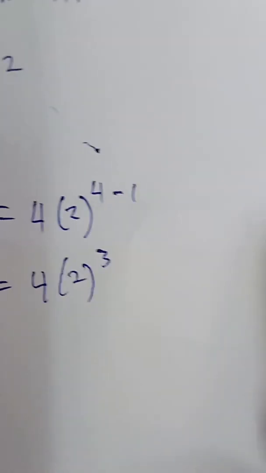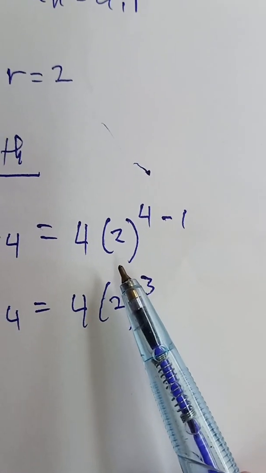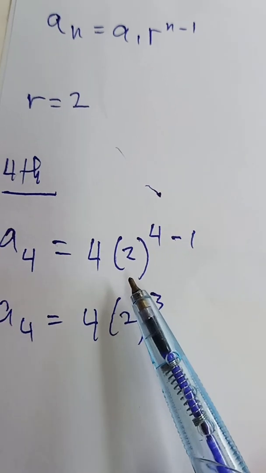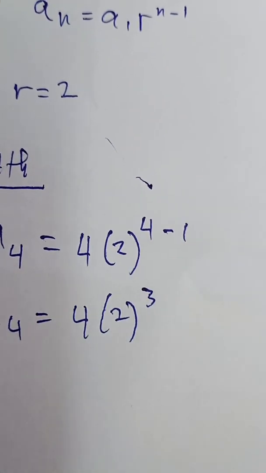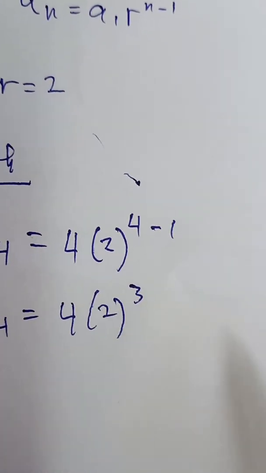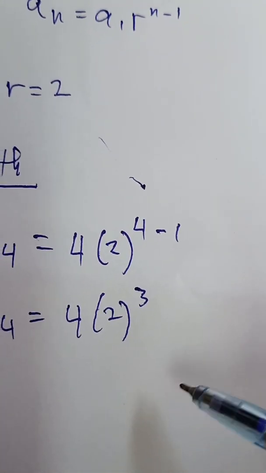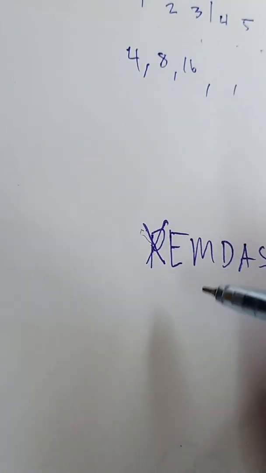P for parentheses. Meron siyang parentheses, pero sa loob ng parentheses, isa lang yung element. So there's no need of working with that kasi 2 lang naman. So x na natin yung P kasi walang gamit, di ba?